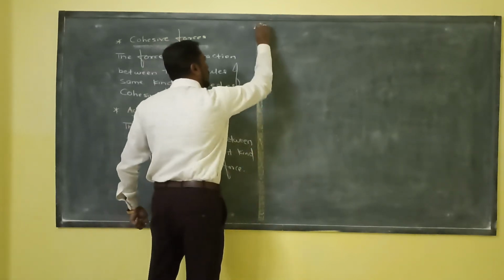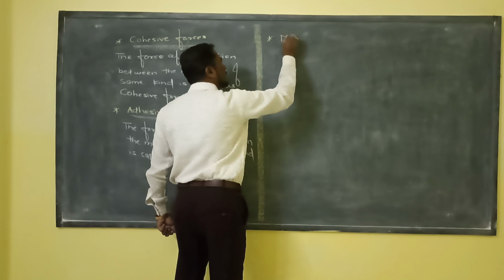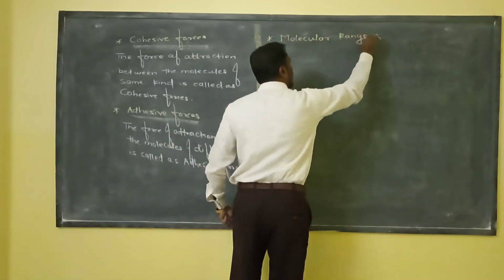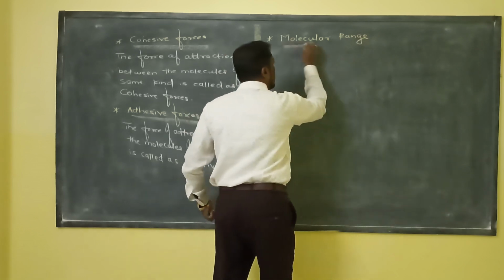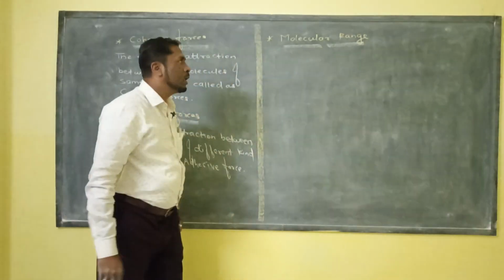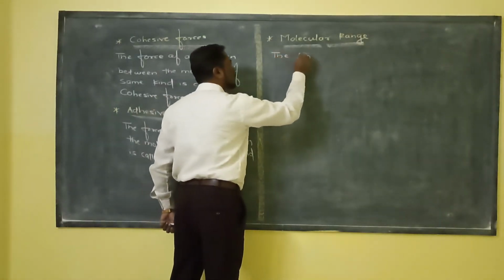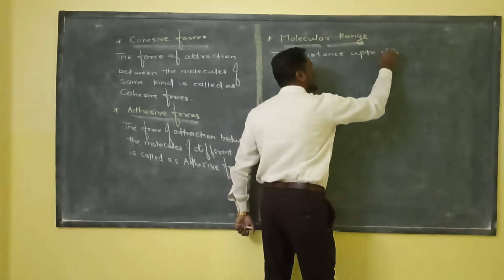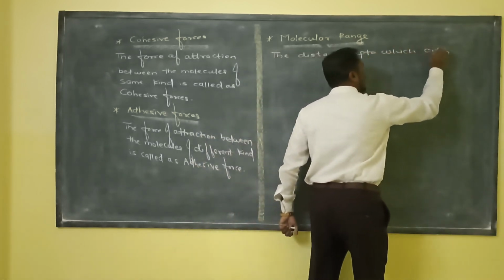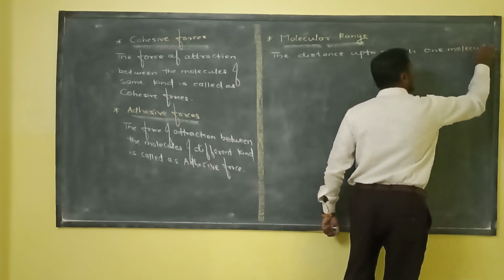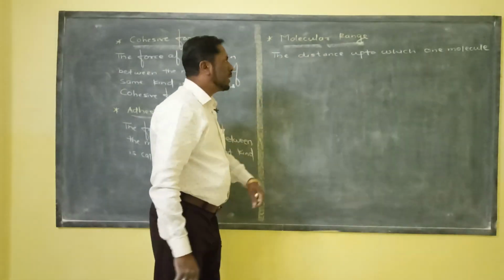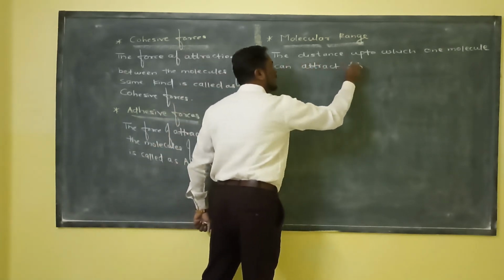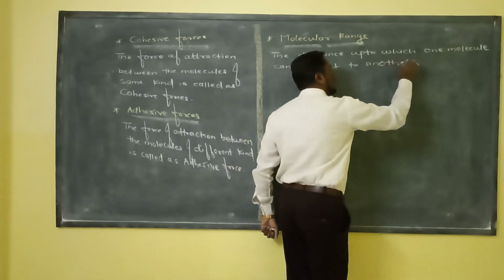Okay, now what do we understand by the term molecular range? Molecular range is the distance up to which one molecule can attract another molecule.